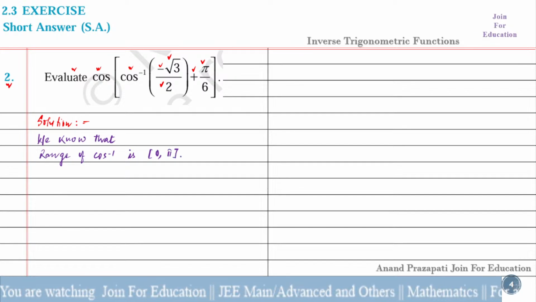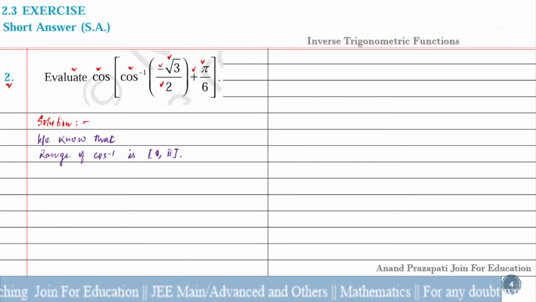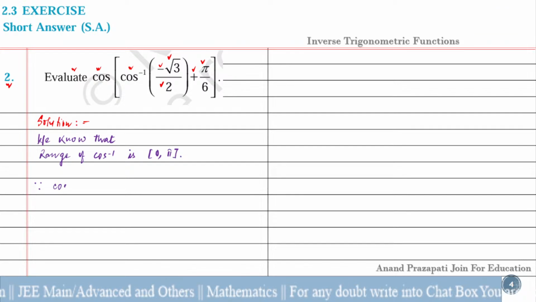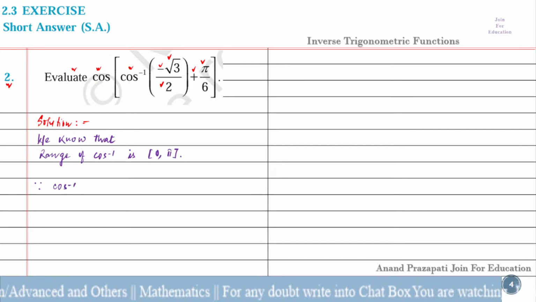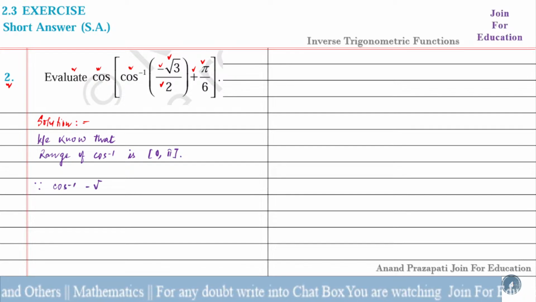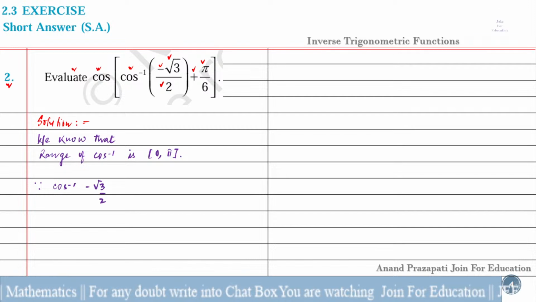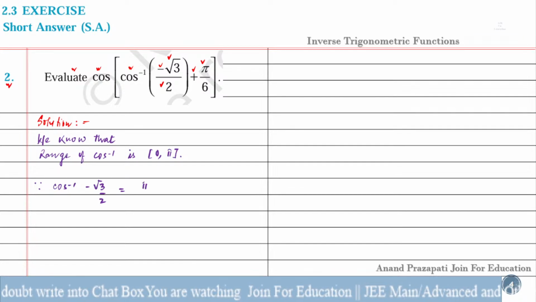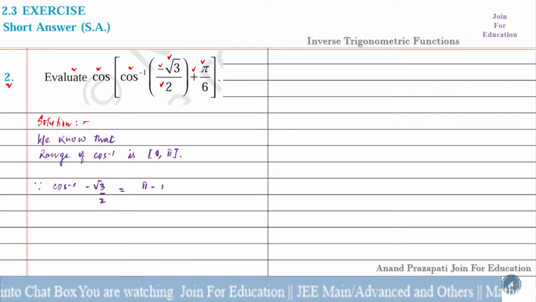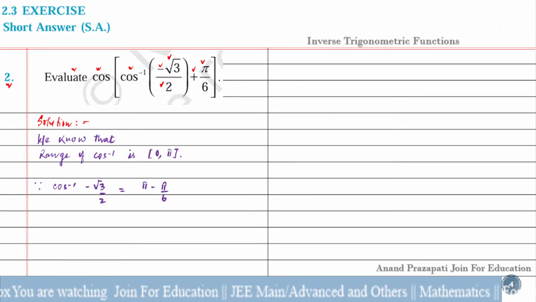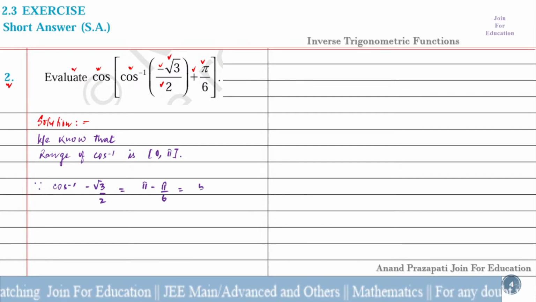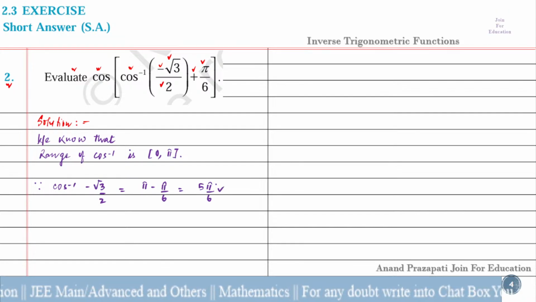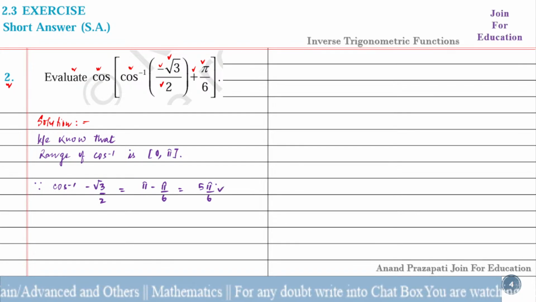So minus root 3 by 2 lies in the second quadrant. Therefore, the value of cos inverse minus root 3 by 2 equal to pi minus pi by 6 equal to 5 pi by 6. There is no problem to understand up to this step.